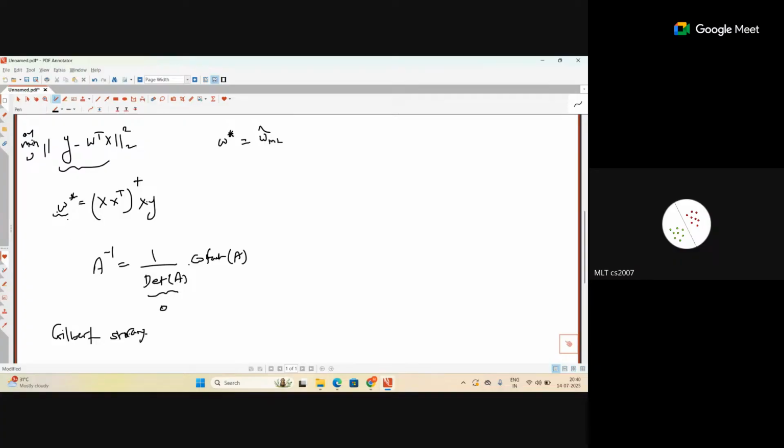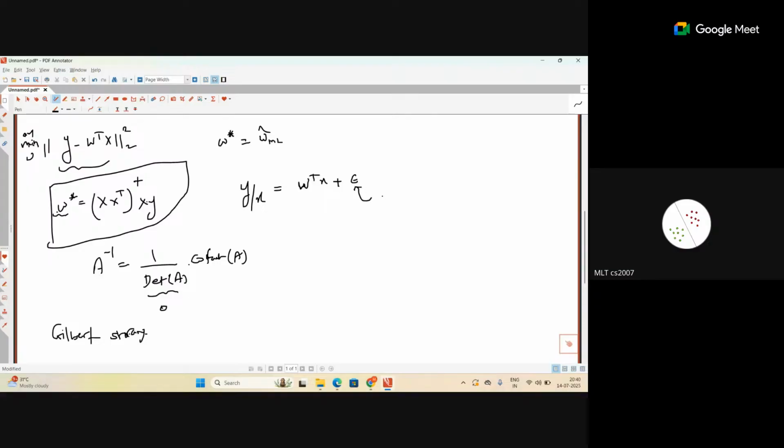So the thing is, this is your W star solution. And we found out that if I try to see it through the probabilistic view, given X, how the labels are generated, we say that it is W transpose X plus epsilon. And what is epsilon?